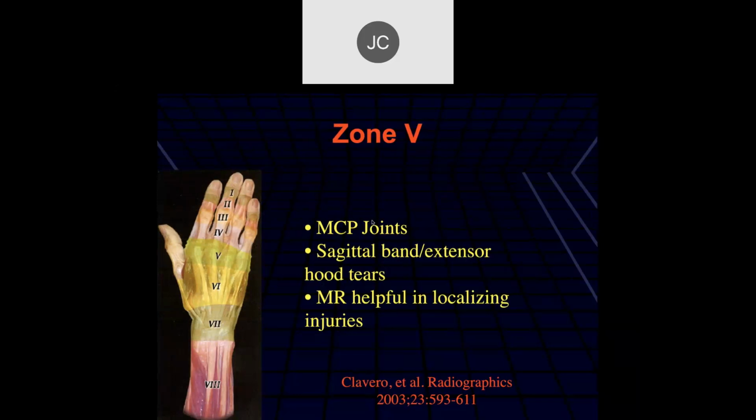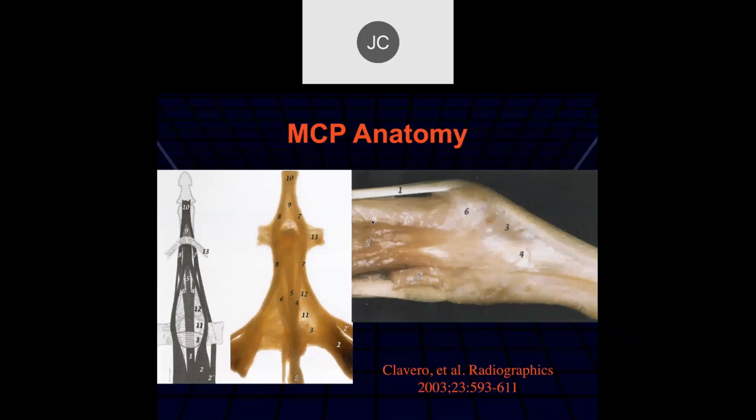Okay, let's move on now to the fifth, which is the area of the knuckles. The MCP joints, this is where you have the sagittal band and the extensor hood tears. And again, MR is helpful at characterizing the location of the tears. Now, when we get in toward the digits, the anatomy of the tendons becomes much more complicated.